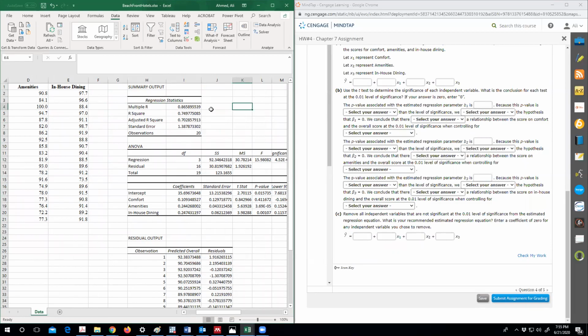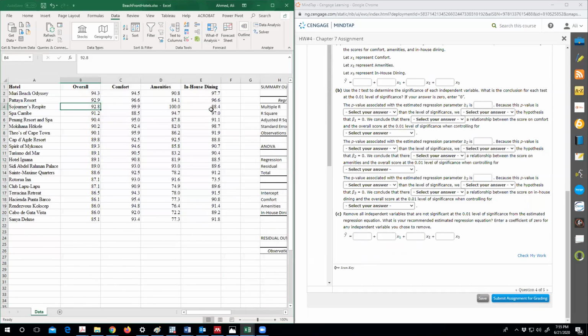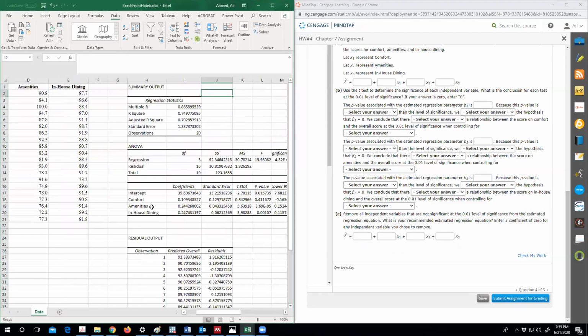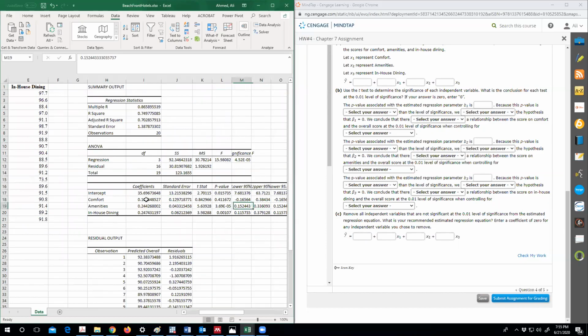And so this is our regression using all three variables as independent variables and overall as the dependent variable. So these are our coefficients or parameters of the regression. So this is the model, and this will give us our answers.